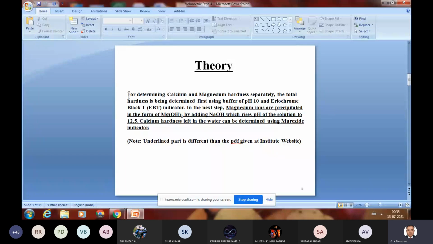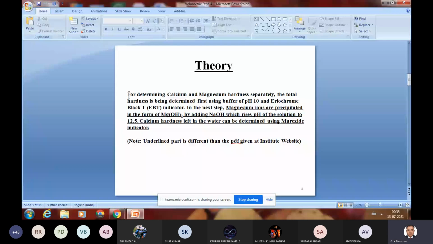If you have your notebook before you, you can write these things down. Disodium salt of the EDTA is used as a reagent, and it is standardized by preparing a standard hard water. Write it in bold letters.